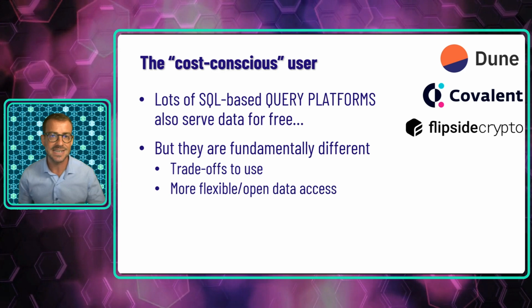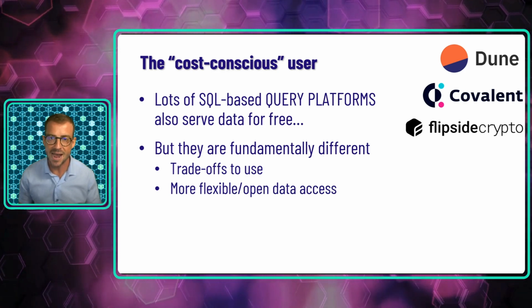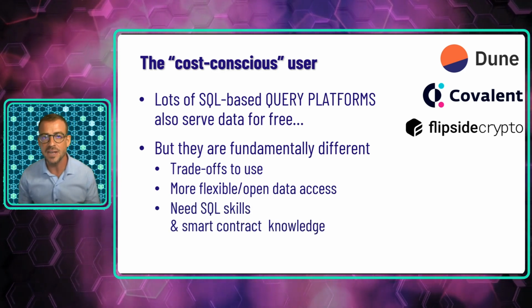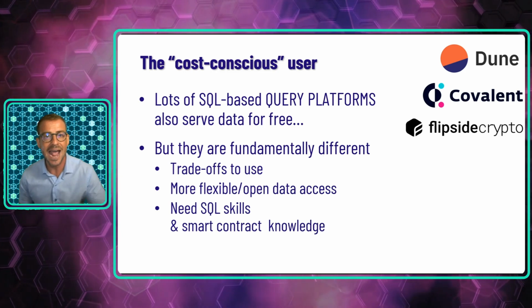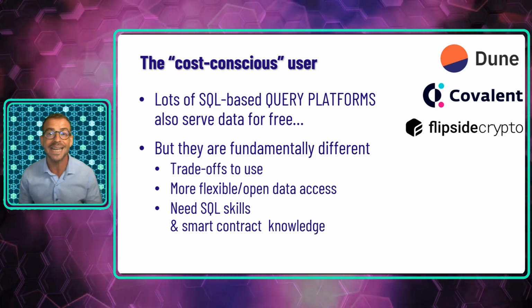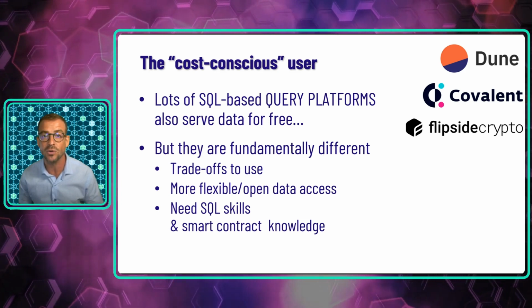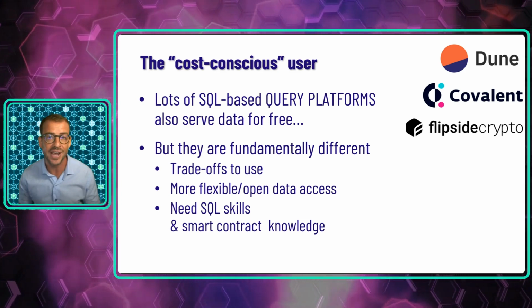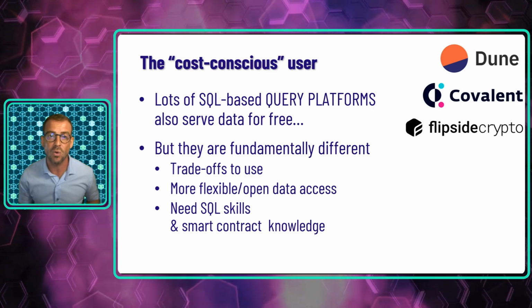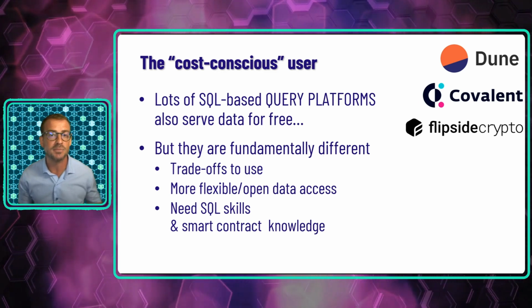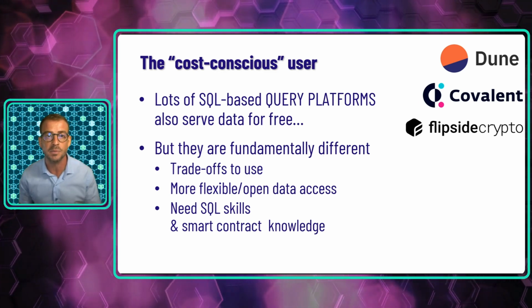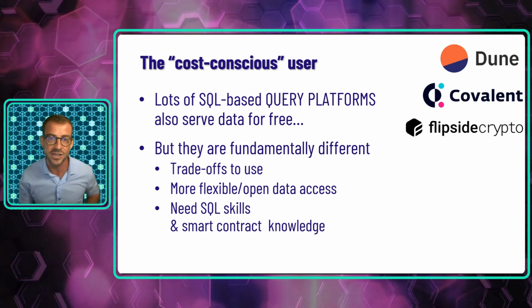Yes, you get access to data in a much more open and powerful way, but you need some SQL chops to be able to do that and an understanding of smart contracts that allows you to decode the raw data into something that's economically meaningful, and of course the extra time to check your work to make sure that the quality of your data is up to a point where it's usable and consumable for your analysis and engineering.